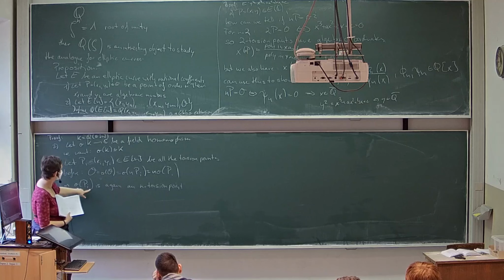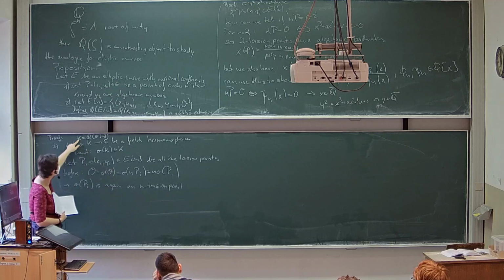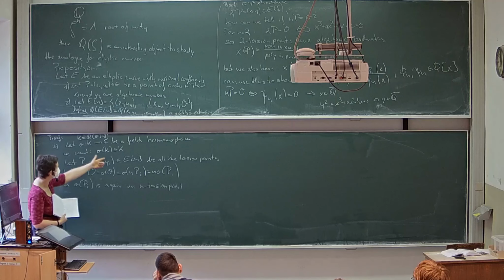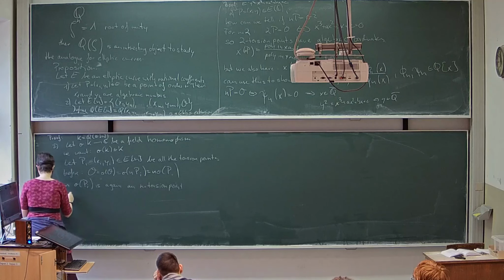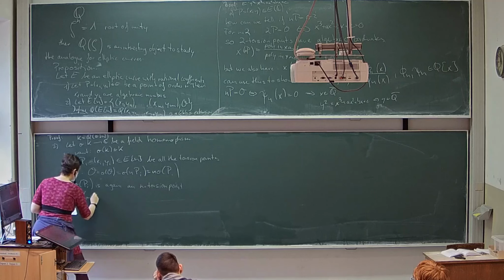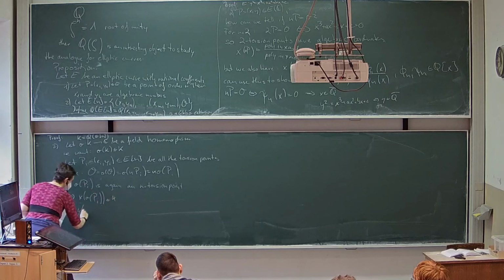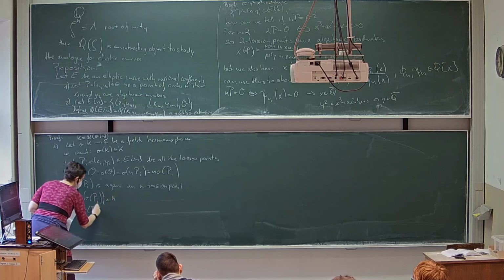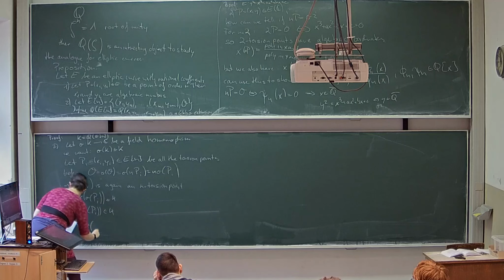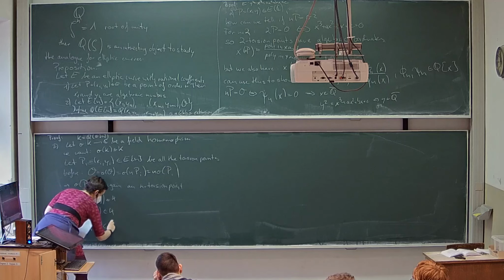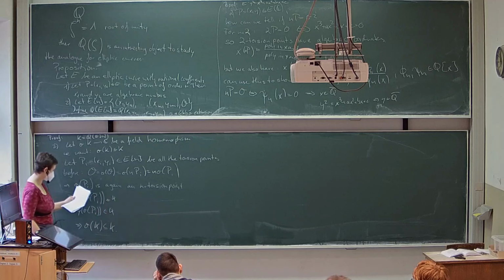And hence the coordinates of this are in the field K. So the sigma lands in K. The x coordinate has to be in K, the y coordinate has to be in K. Therefore, sigma of K is inside of K.